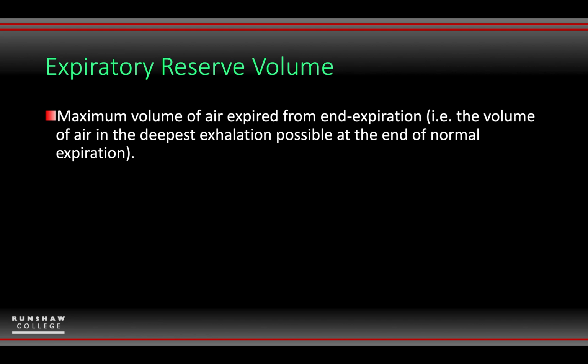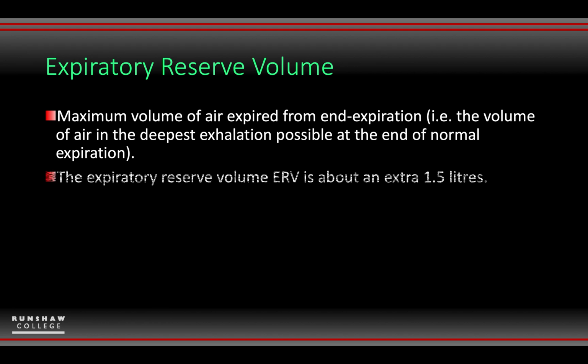So this is measured from the bottom of a normal tidal volume breath to the very end of an expiration. So as you're breathing in and out, nice and easy, you've got an extra 1.5 litres of air available if you chose to use it. So again, as you start to exercise, you'll eat into that reserve, and therefore you'll have less available at the very end of a race if you're at the limit.